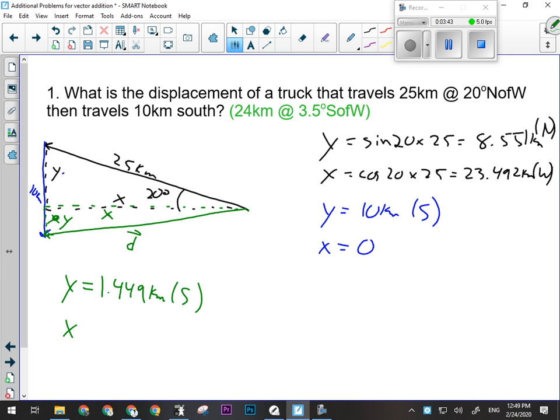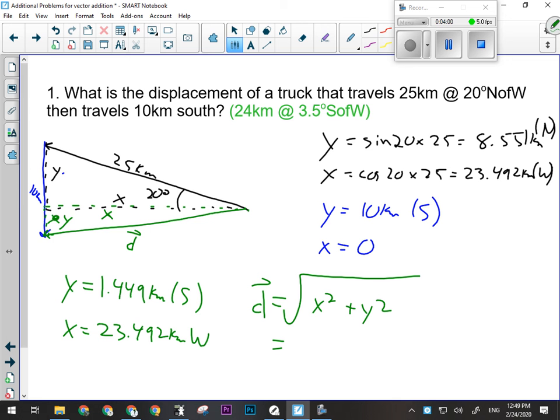And then our x component is just going to be our 23.492 kilometers west. So when we've got those, then we can do Pythagorean theorem to get the overall magnitude of the displacement here.